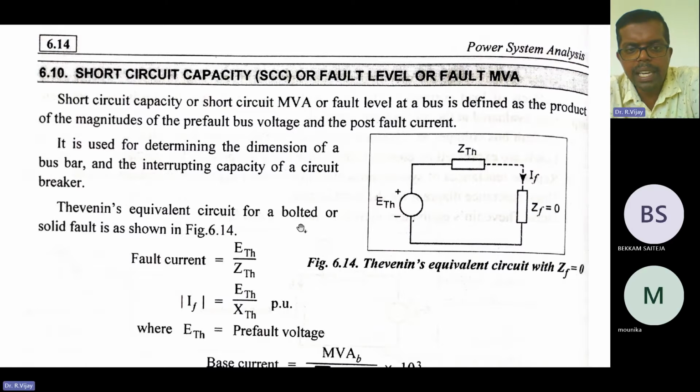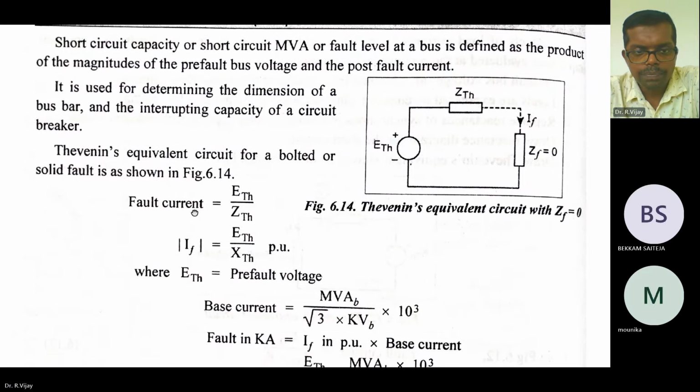So this is the Thevenin equivalent circuit for a bolted or solid fault. That definition we have already seen before, and I will give that video in the description and in the comment section. So here the fault current.